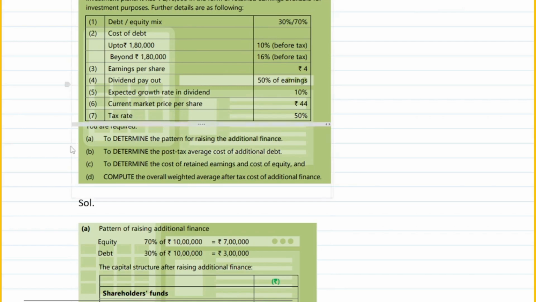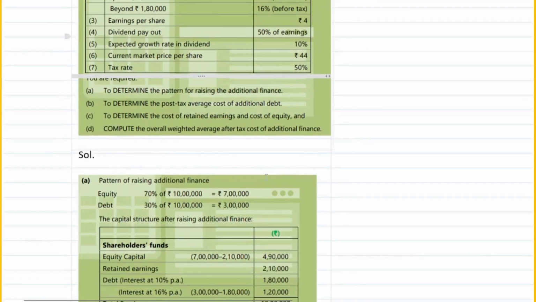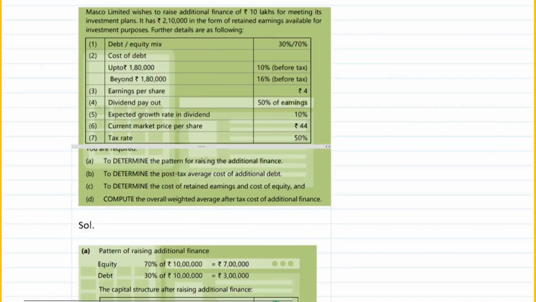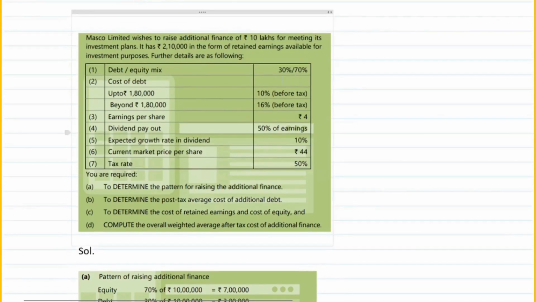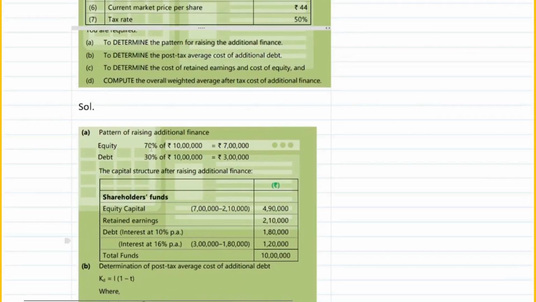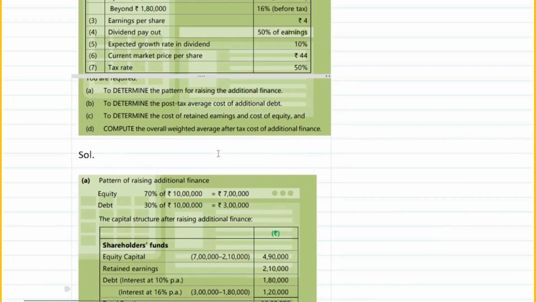What am I supposed to find out in this question? Determine the pattern of raising additional funds, post-tax average cost of additional debt, cost of retained earnings and WACC. So we'll go one on one. What is the pattern? So here already the pattern is given. 30% is debt and 70% is equity. So out of 10 lakhs, it would be 70% equity 7 lakhs, 30% debt, that is 3 lakhs. Over and above this, what do we already have?